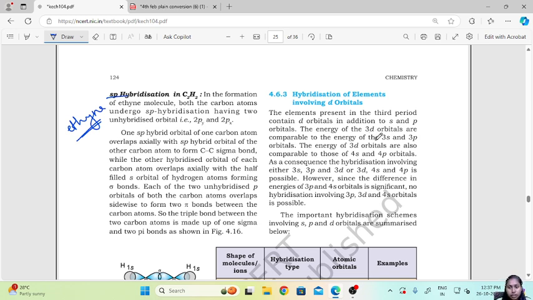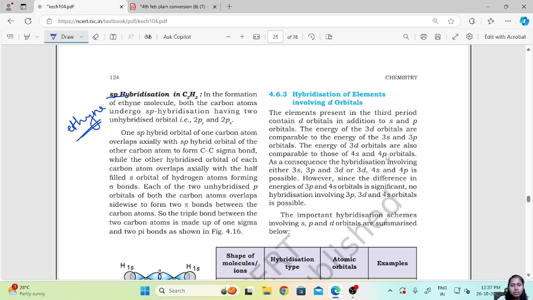Now the energy of 3d orbitals is also comparable to those of 4s and 4p orbitals. It is not only comparable to 3s and 3p, it is also comparable to 4s and 4p. As a consequence, we have hybridization involving either 3s, 3p and 3d or 3d, 4s and 4p.